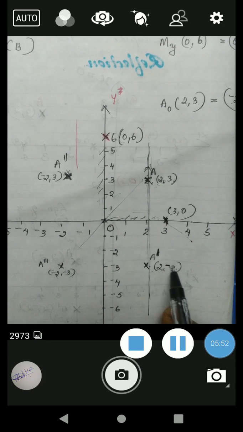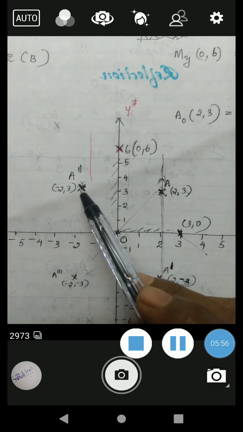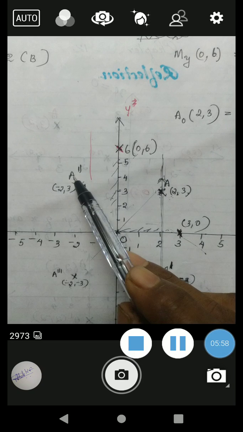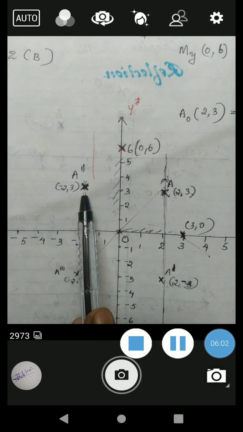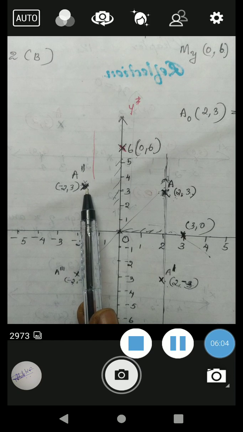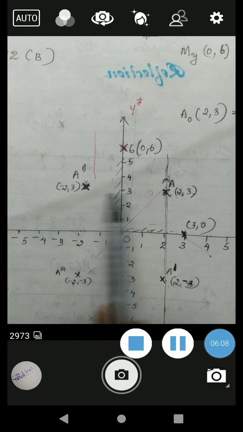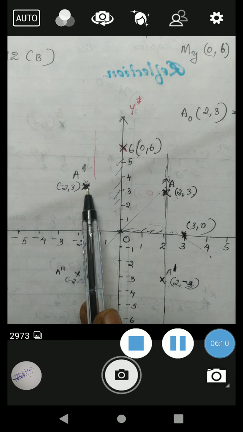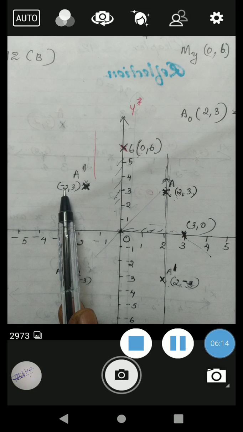When the same A is reflected in the y-axis, that is A2 dash, the image is formed here, that is (-2, 3). When a point is reflected in the y-axis, the sign of its x-coordinate changes.